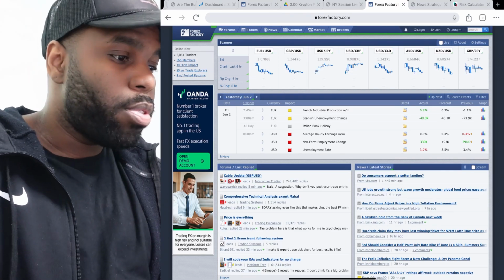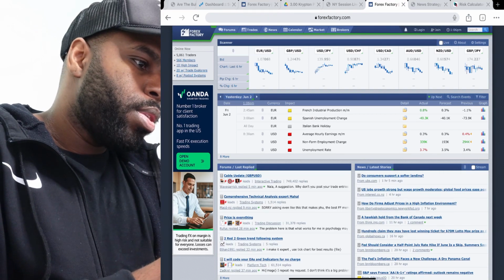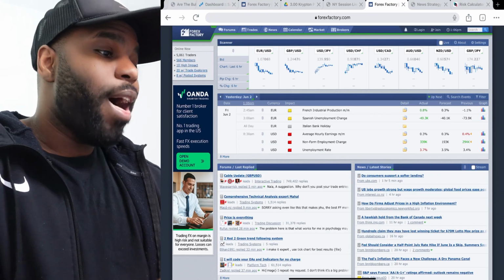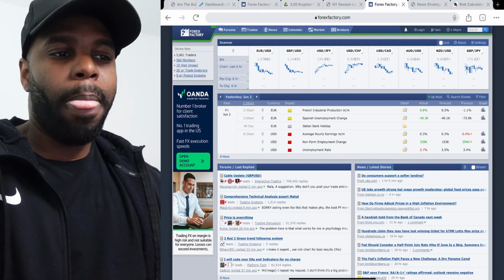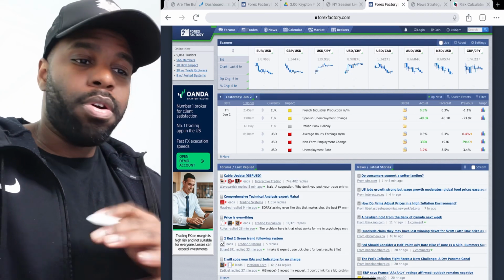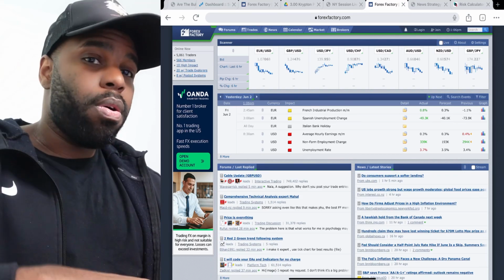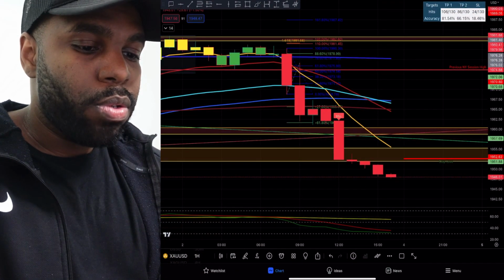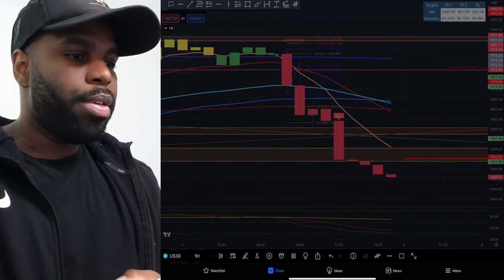This is a big number too, because the actual was not only higher than the forecast, but higher than the previous. That tells me right there the market is just going to drop. It's bad for gold. It's good for USD, but bad for gold. And I'm going to show you why it was good for USD too. So let's take it to US 30.